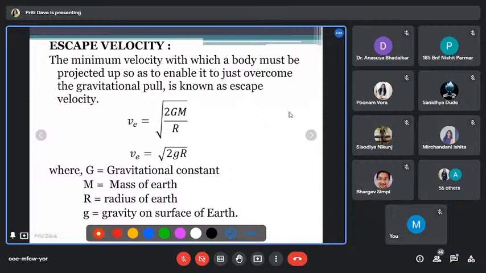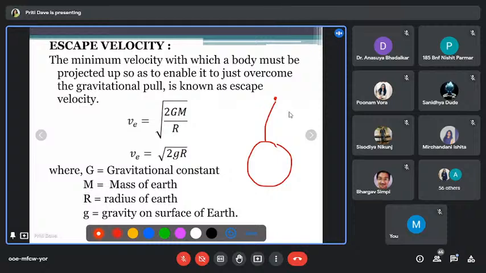Escape velocity. What do we mean by escape velocity? Escape velocity is the minimum velocity with which a body, supposing I am on Earth and I want to go to a place where I do not experience any gravity, I want to escape the gravitational force.